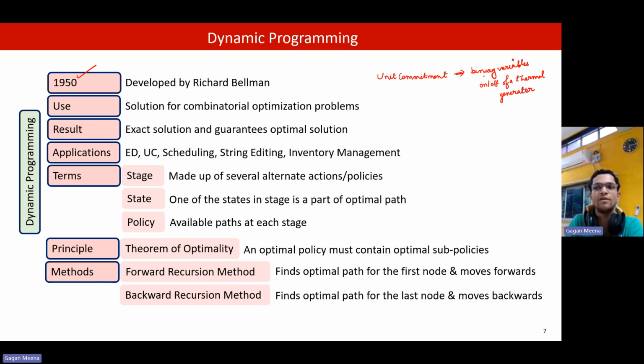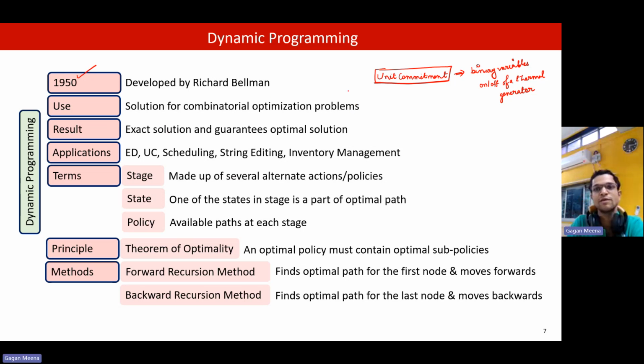The generator can be on or off, and as a result, unit commitment becomes a binary or integer programming. For such optimization problems where integers or binary variables are included, dynamic programming can be used.